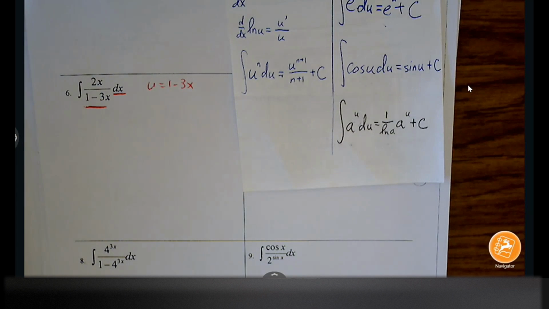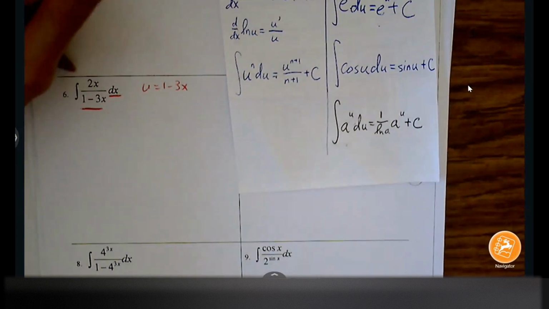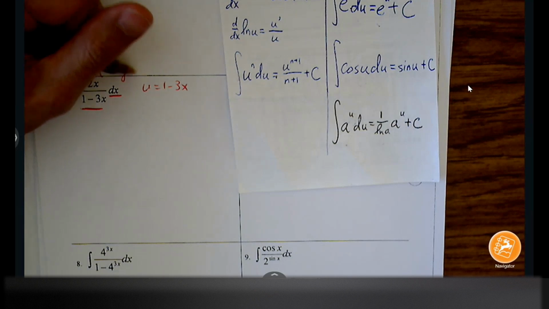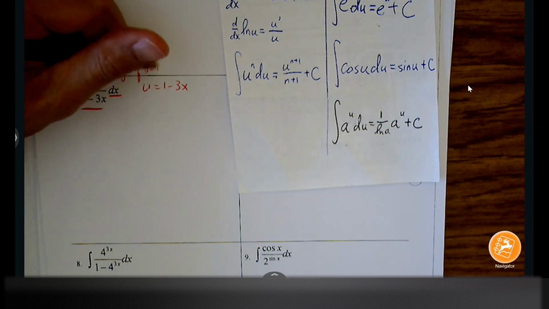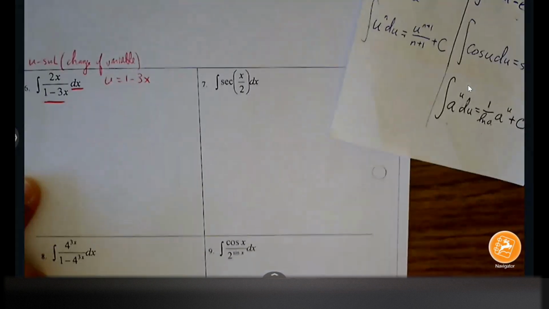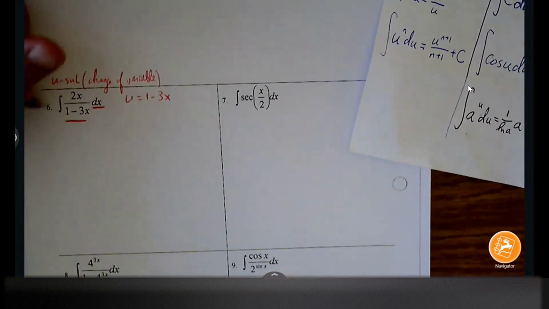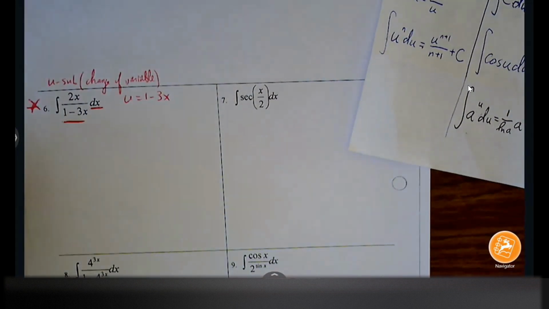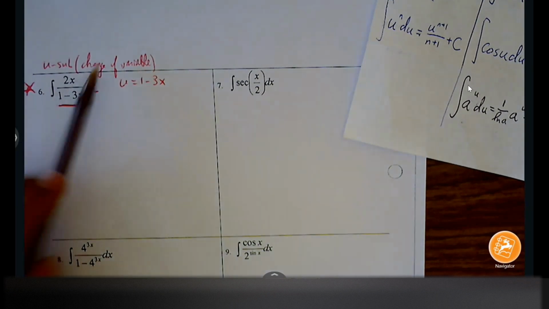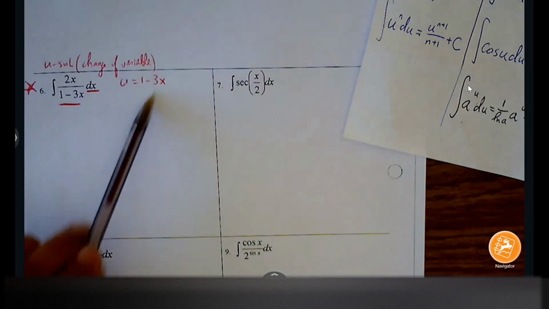Okay, so u-sub with a change of variable is number 6. This is a little more difficult than what you're going to see on the quiz, just want to let you know. So don't worry about number 6. I just want you to understand that process, though.